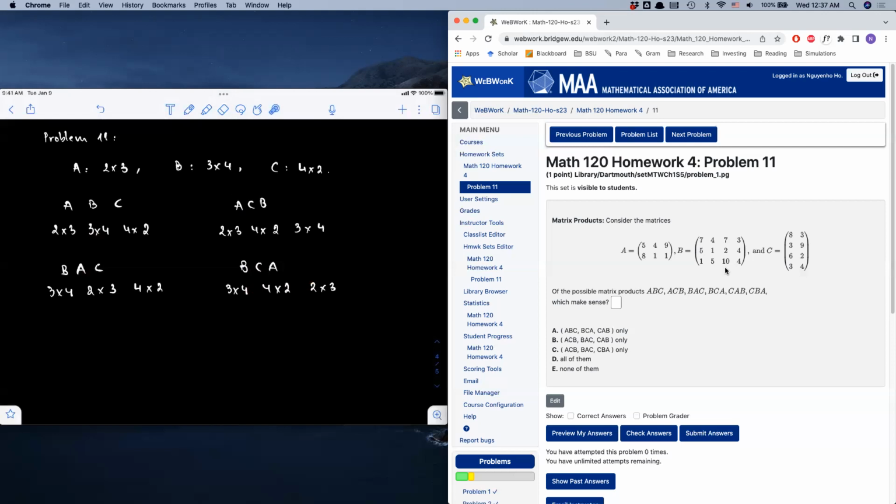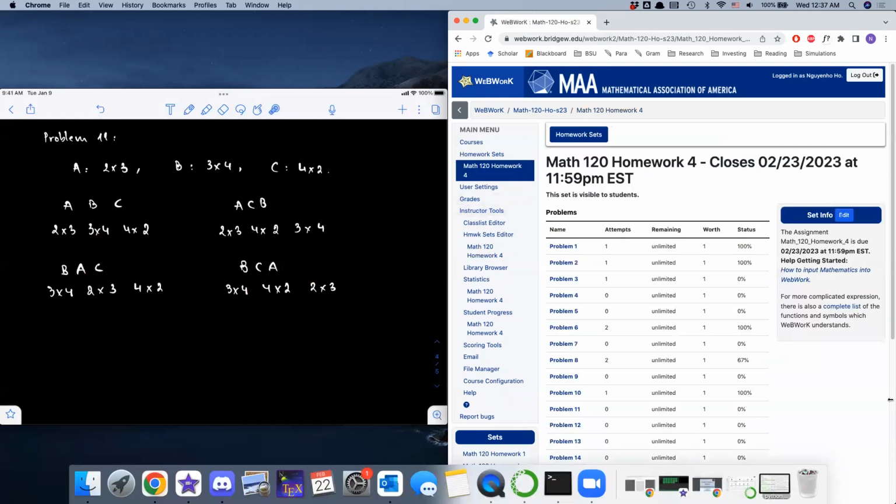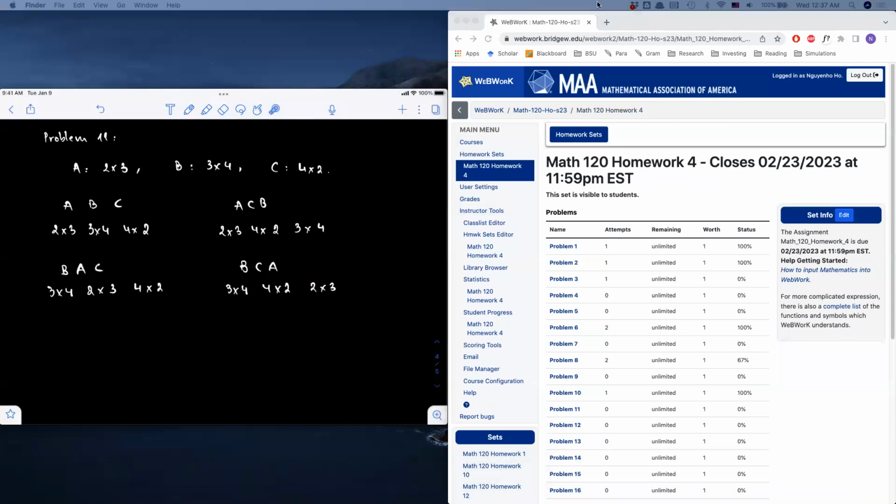So you keep doing this for the last two matrices that you see here. I'm going to leave this to you to analyze the dimensions of C times A times B and C times B times A. All right, so that's problem 11. Now move on to problem 12.